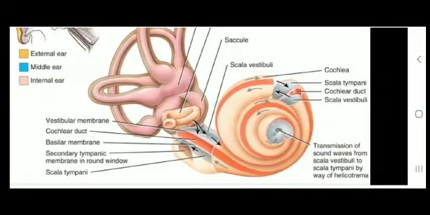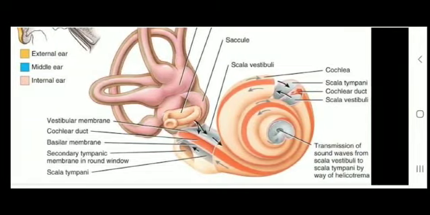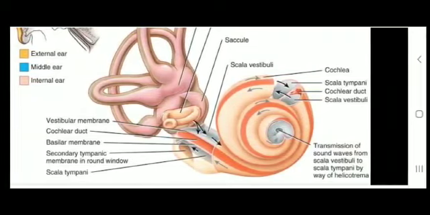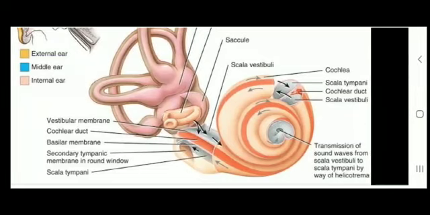The constituents of this endolymph almost resemble those of ICF, and this membranous labyrinth is surrounded by the perilymph, which resembles that of ECF.